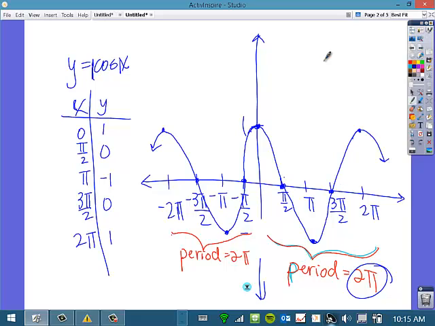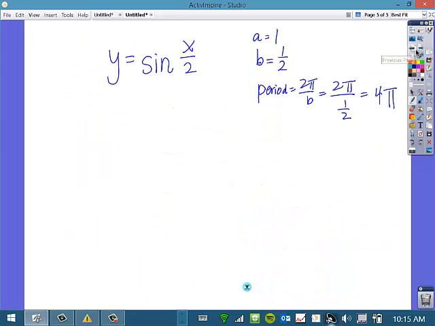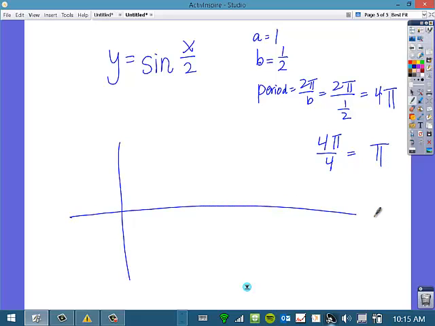So 2 pi divided by 4 pieces, each piece is pi over 2. So this is 1 pi over 2, 2 pi over 2, 3 pi over 2, 4 pi over 2. So now that our period is 4 pi, when I split my period into 4 pieces, each piece will be pi. So now instead of pi over 2, pi, 3 pi over 2, 2 pi, my pieces are going to be pi, 2 pi, 3 pi, 4 pi.